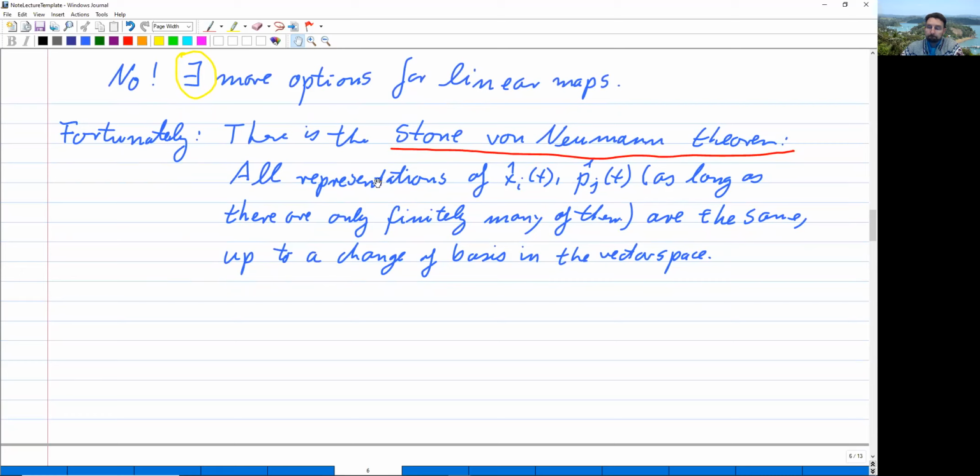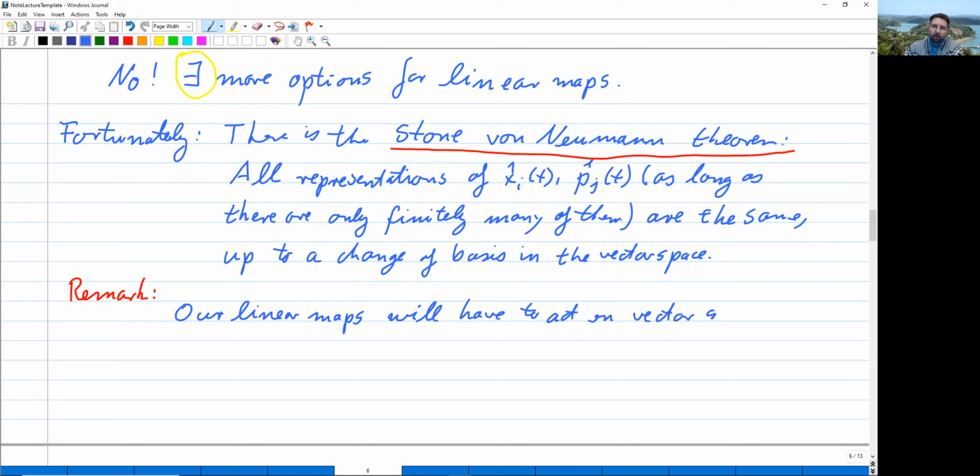Oh, by the way, I want to make another remark here. Our linear maps will have to act on vector spaces that are complex.